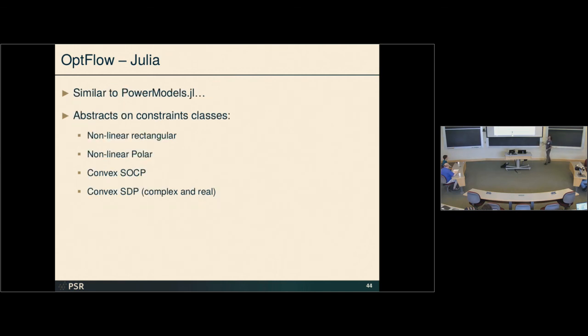So the idea is something like PowerModels. We started doing that before we knew about PowerModels. So we abstract on types of constraints, and so we have SDP models and SOCP models, and we could write a lot of that in Julia super fast also.